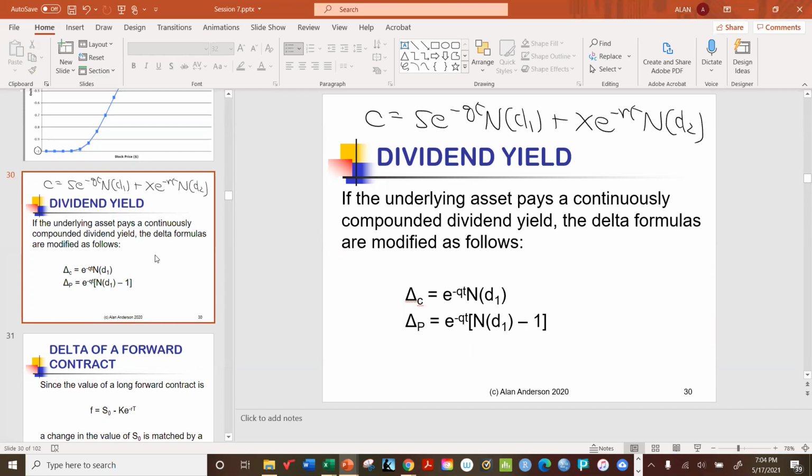Because of that, we have to make a slight change to our calculations. We introduced this piece, which wasn't there before. It's only a slight change because e to the minus qT is likely to be a number very close to 1, like 0.99 or 0.98 or something like that. But it's important. We need to understand how the potential cash flows are affecting the value of our delta.